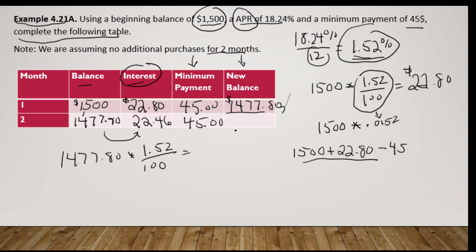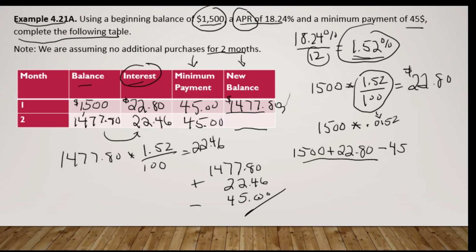So now I need the balance at the end of month 2. I take 1477.80 and I add to that what I have been charged in interest for borrowing that money. And I'm going to subtract the $45 that I made towards my balance.